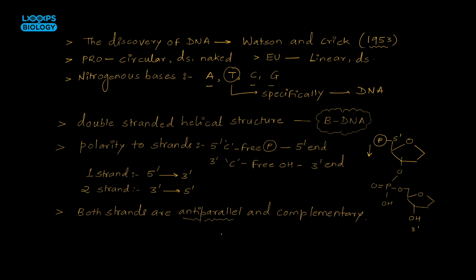Why can't we keep these strands parallel as such? As the nucleotide suggests, there is going to be a nitrogenous base on the first prime carbon. If I'm talking about the parallel case, suppose this is my strand of DNA with a nitrogenous base, with this kind of structure. This is what your phosphodiester bond is.